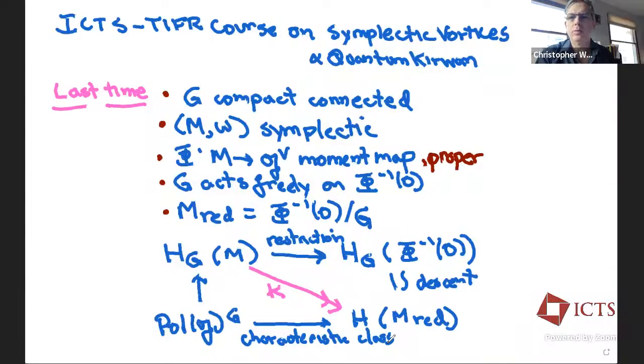There's a question in the chat. Yeah. So it's enough for the moment map to be proper. So I'll use some non-compact examples.